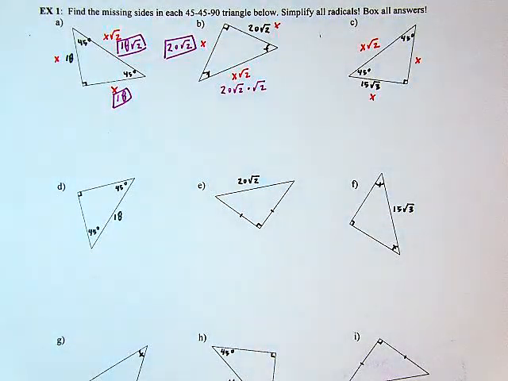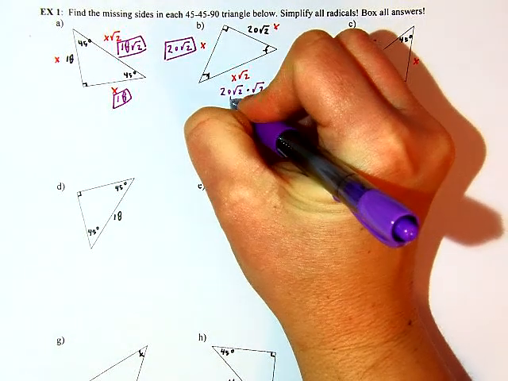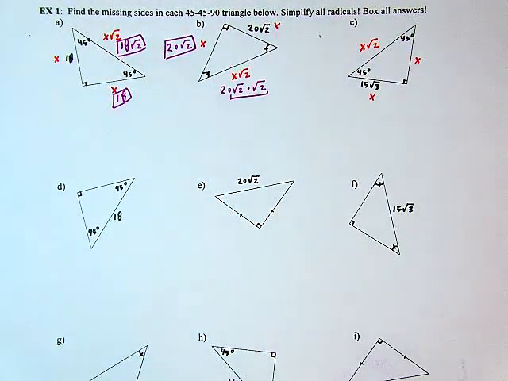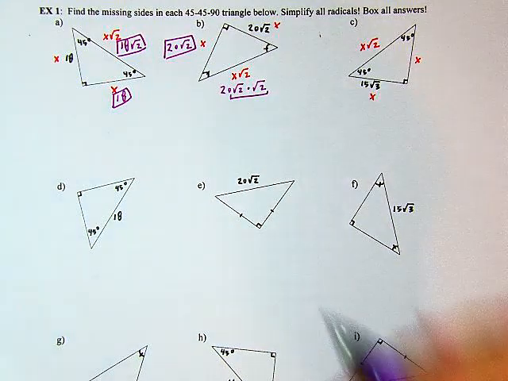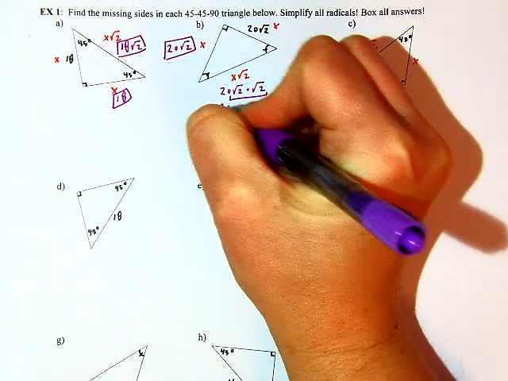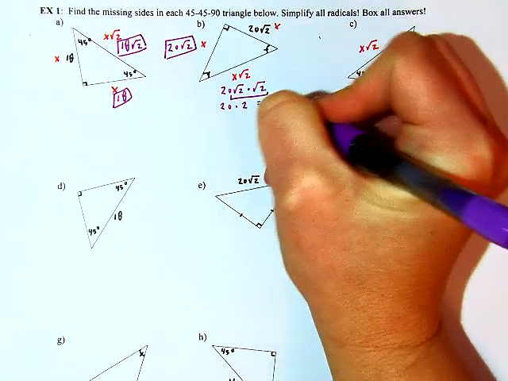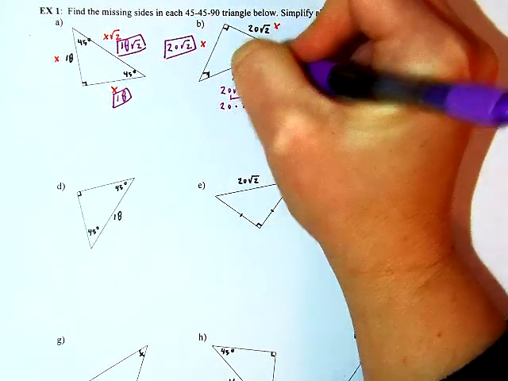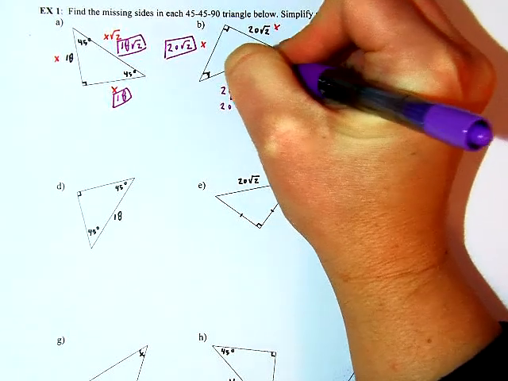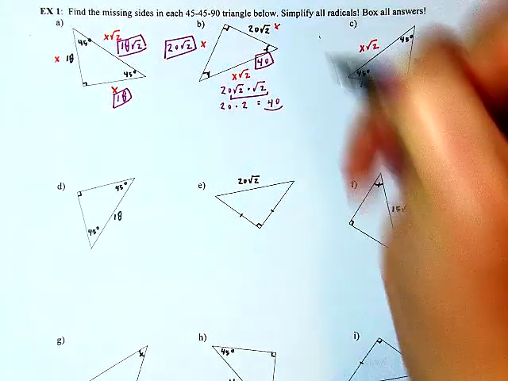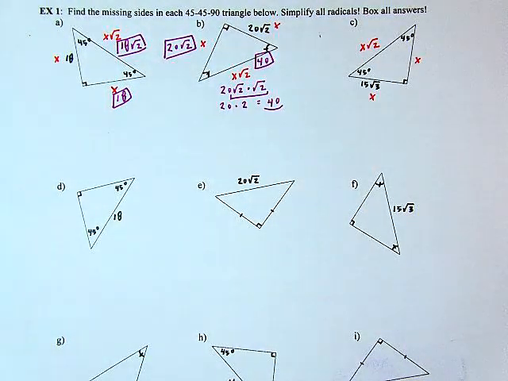When I multiply the square root of 2 by itself, it becomes just 2. So it's the same as saying 20 times 2, which gets us 40. So this hypotenuse has a measure of 40 units.